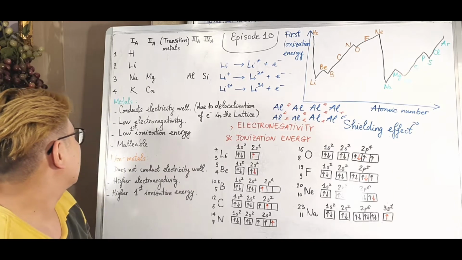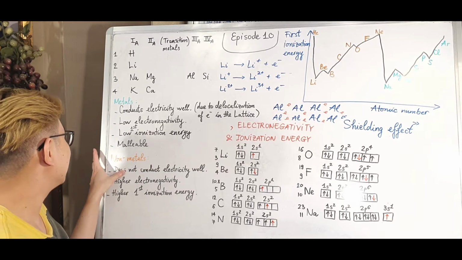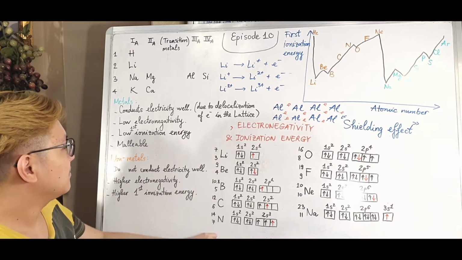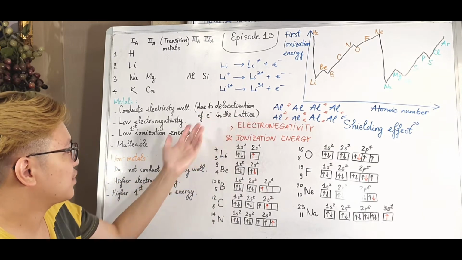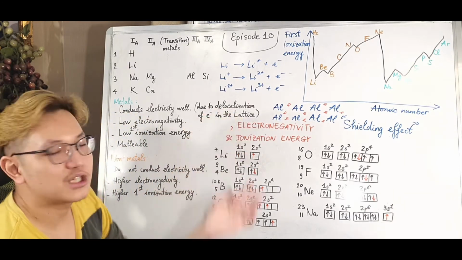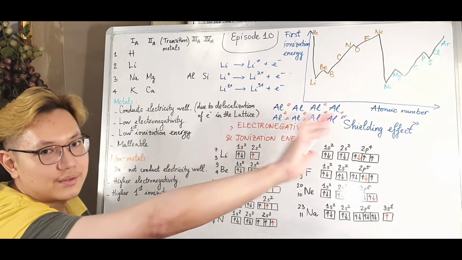Alright, and then non-metals, they do not conduct electricity well because they don't have this kind of lattice structure and they don't have the delocalization of electrons. And non-metals, they're all the way to the right.